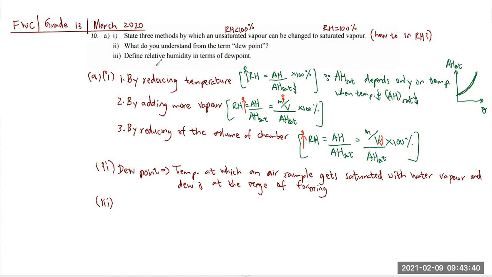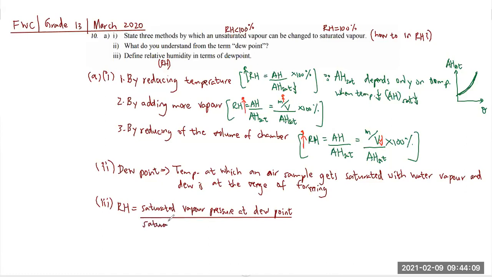So, for relative humidity, I will use the acronym RH, right? So, RH is equal to, what is the first equation? Saturated vapor pressure at dew point, and that must be divided by saturated vapor pressure at room temperature, multiplied by 100.